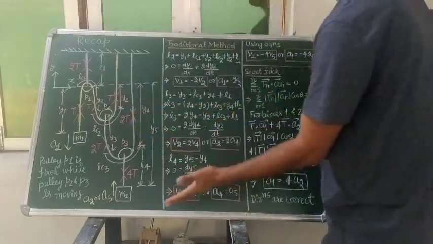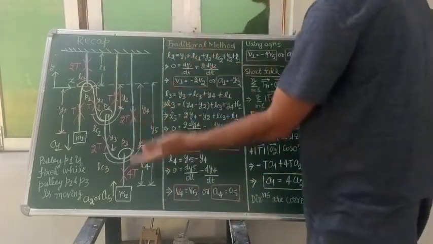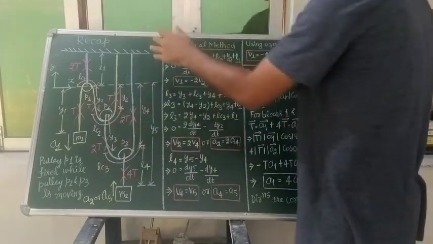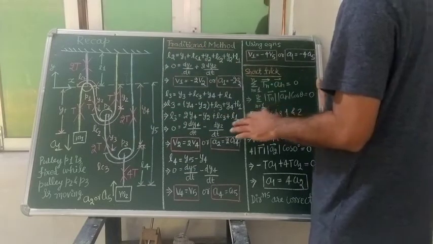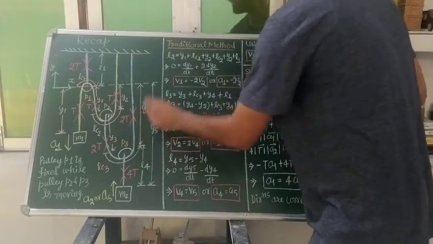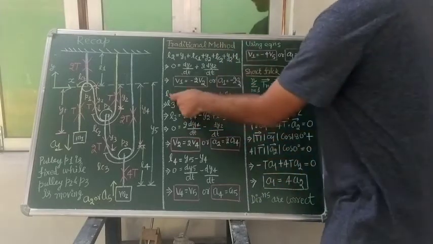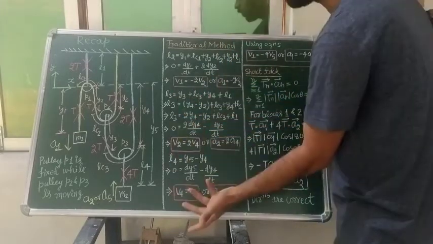Now when one string is changing its length, what will be the change in the other string? So we don't want this y3 and y4. Of course this L3 and LC3 plus L1 will be constant.